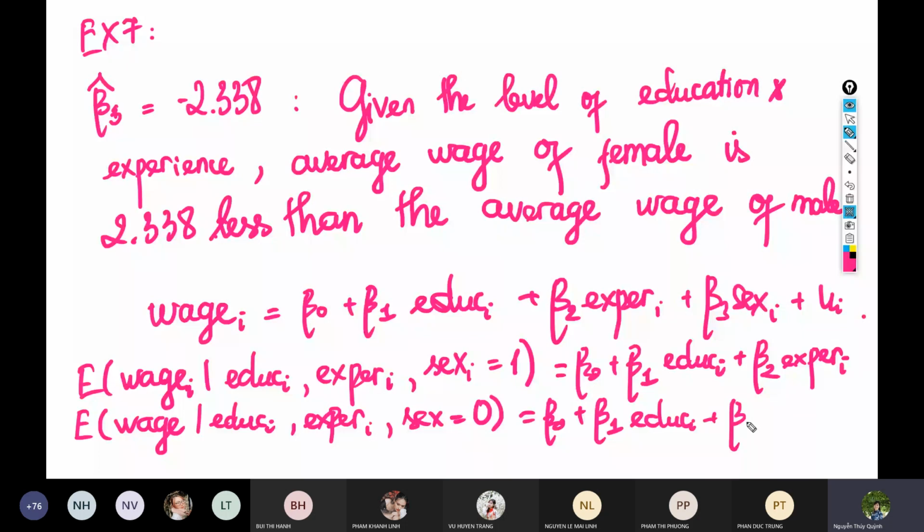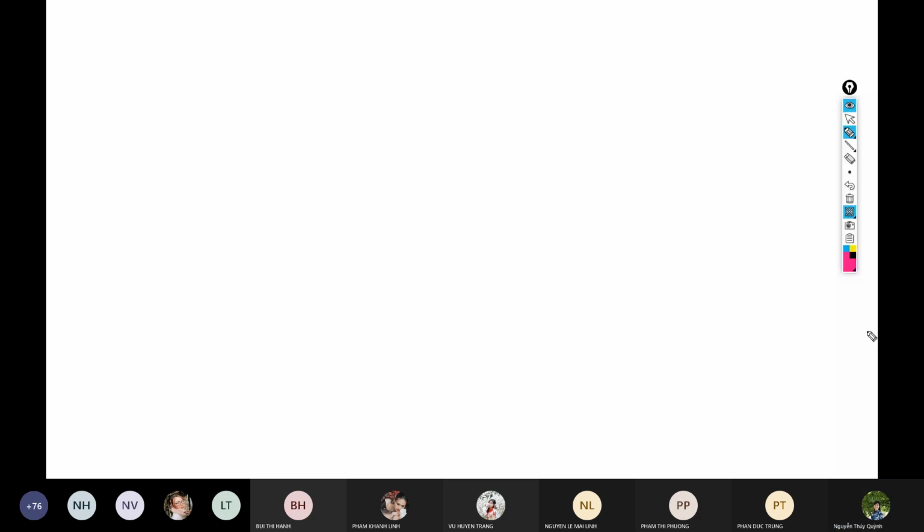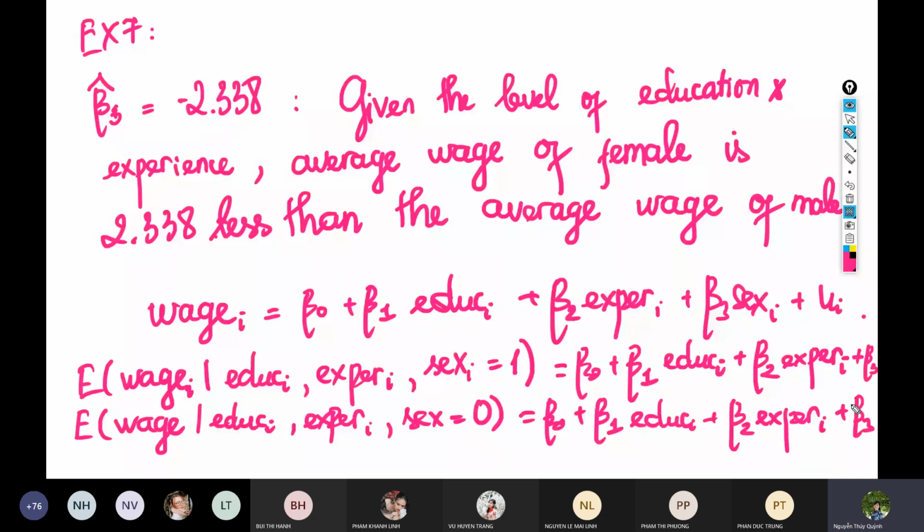So beta 3 appears here, and this one does not have beta 3, because 1 here is for female.